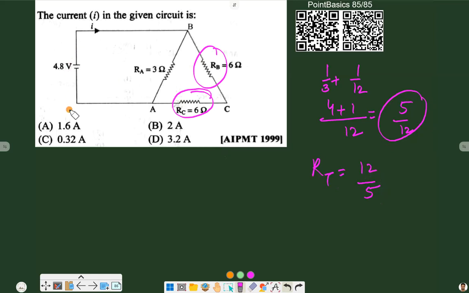And now we have to find out current. So current will be V by R. V is 4.8 by 12 into 5. It will go 0.4 into 5 is equal to 2 ampere. So option B will be the right answer.